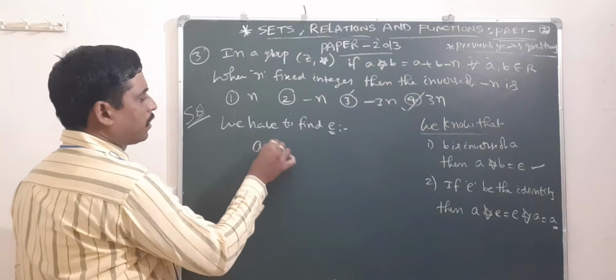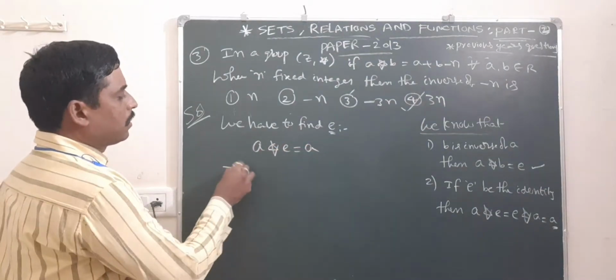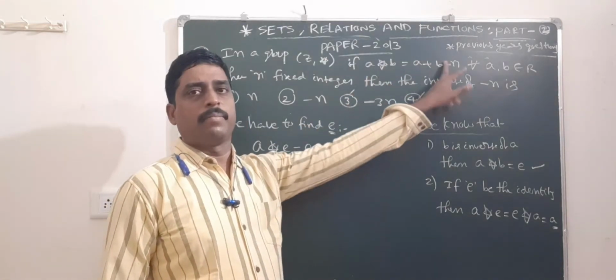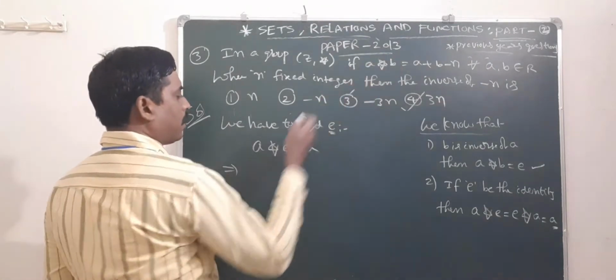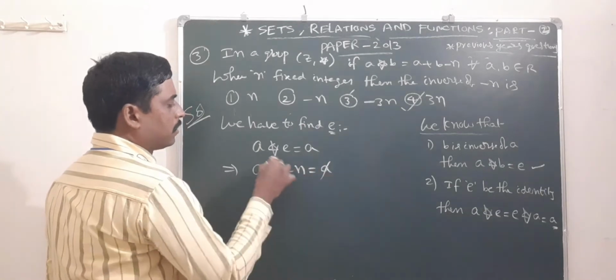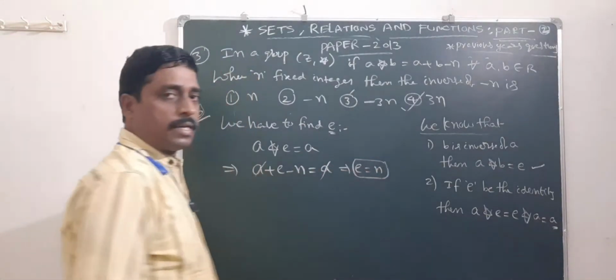What is the identity property? A star E is equal to A. The operation is already defined: A star B is equal to A plus B minus N. Now A star E, where in the place of B we put E, is A plus E minus N is equal to A. Therefore E is equal to N. So the identity is N.